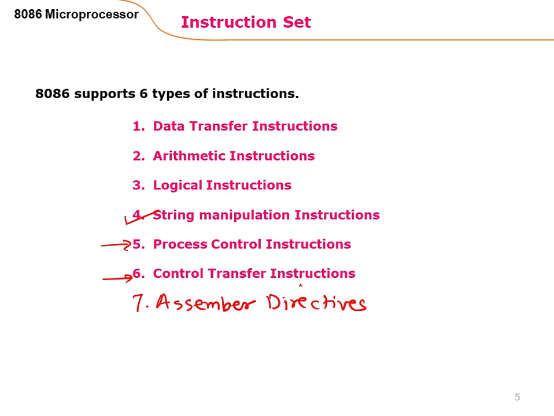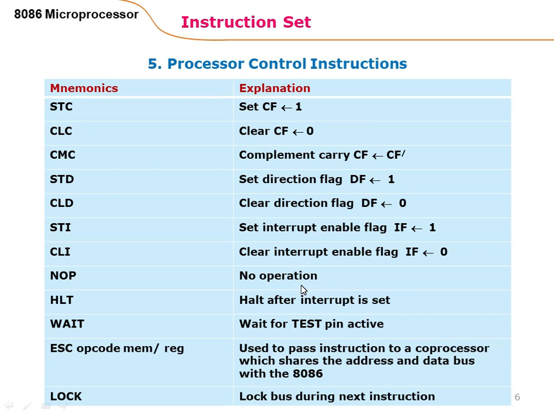So we'll start our discussion. The next instruction set is the processor control instructions. These instructions are used to control the processor. Here we'll see these instructions one by one. ST is used to set the bit and CL is used to clear the bit, so here we are using bitwise operation.